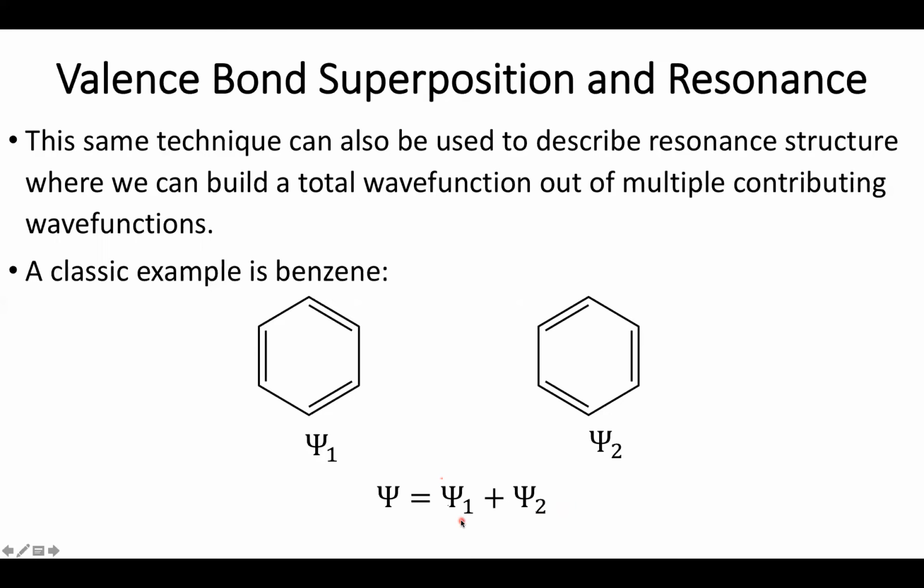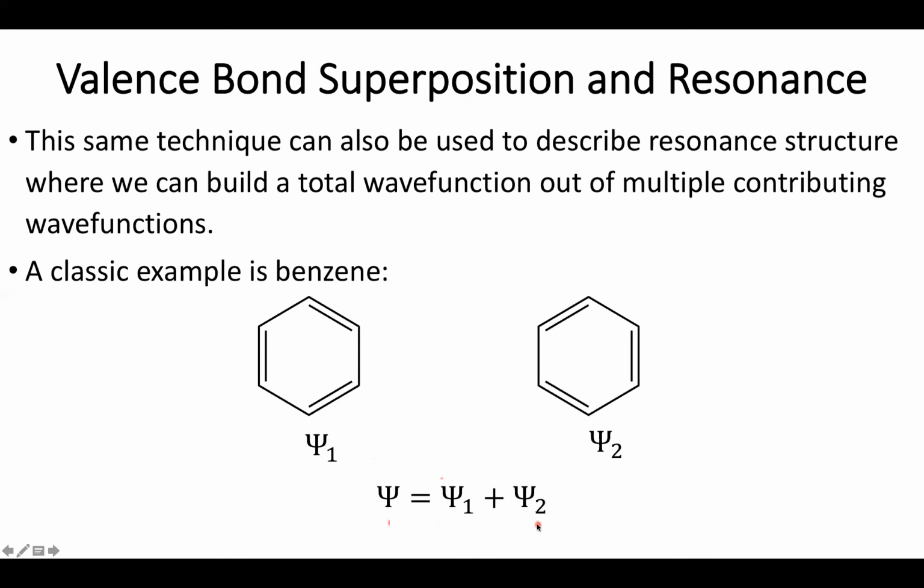And really what it is telling you is that you are going to be in a mix of the two molecular orbital states at any given time. You might be able to isolate any given one at any point in time, but as a net whole, you're going to be an even mixture of both.